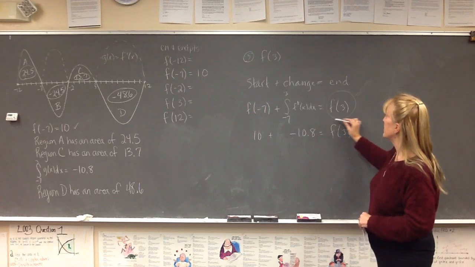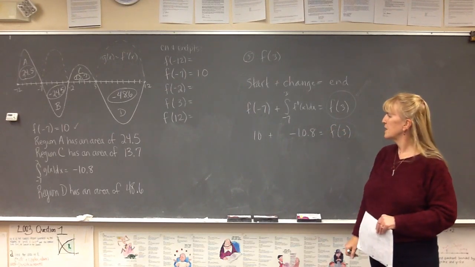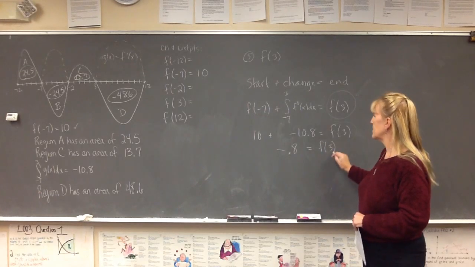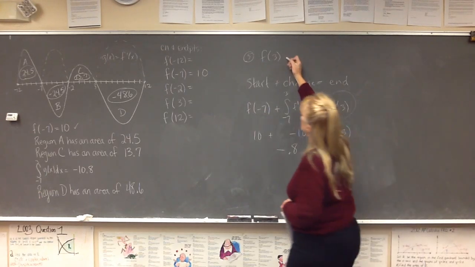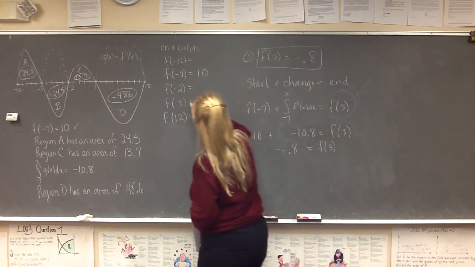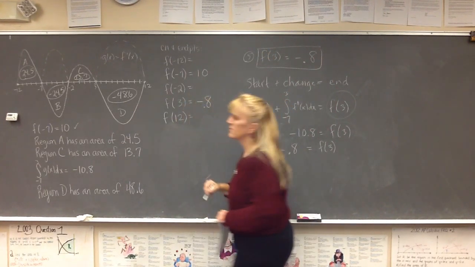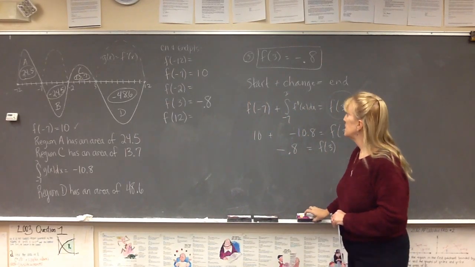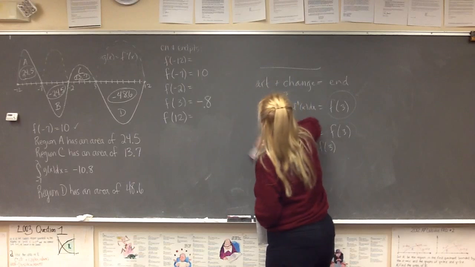That way I know that everything else gets substituted. This gives me negative 0.8 for my f of 3. So I'm going to come back up here and put negative 0.8, box that. I'm also coming over here and putting negative 0.8 on that list. Okay, 5 is done.